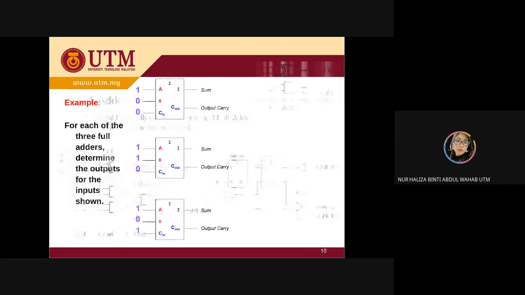You can see here also 1 plus 0 plus 0. What will you get? 1 for the sum, carry out will be 0. 1, 1, 0. We will have 0 for the sum, carry out will be 0. 1, 0, 1, we will have 0 for the sum, 1 for the carry.